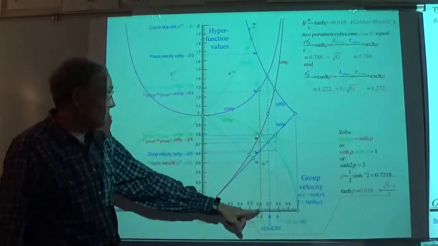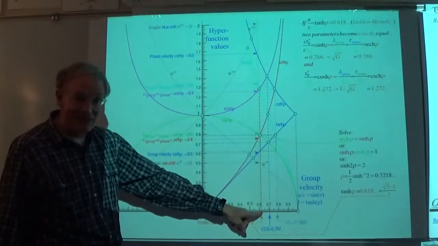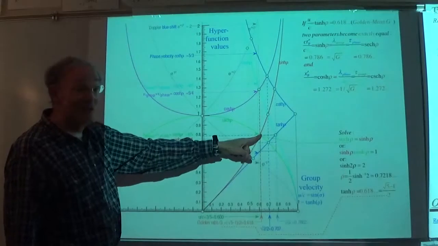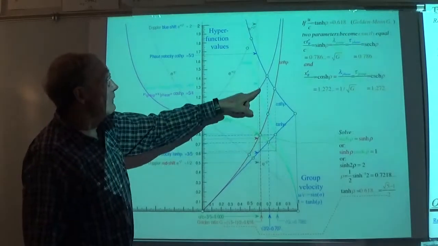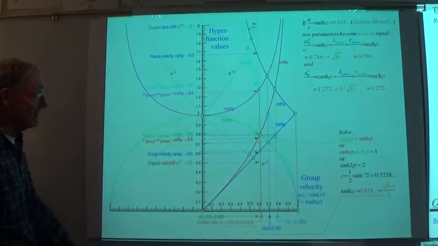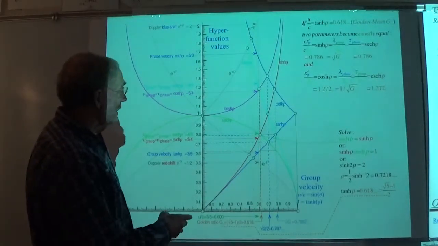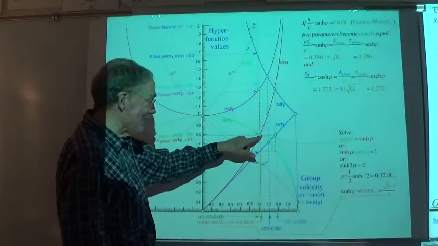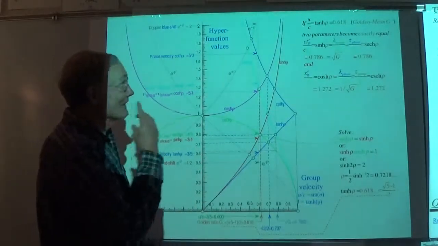At the golden ratio velocity parameter, these guys run into each other. And so do their inverses. Okay, that's cool. All right? But then the actual value of that maximum is interesting.